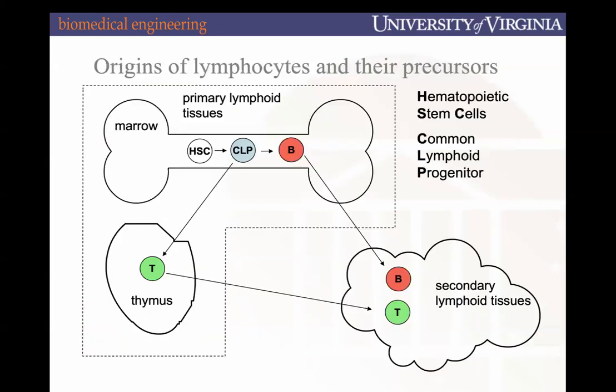Again, it's not important to memorize the order of operations in the lineage, but rather where B cells and T cells originate and what the primary and secondary lymphoid organs or structures are. The thymus is right in your thoracic cavity.